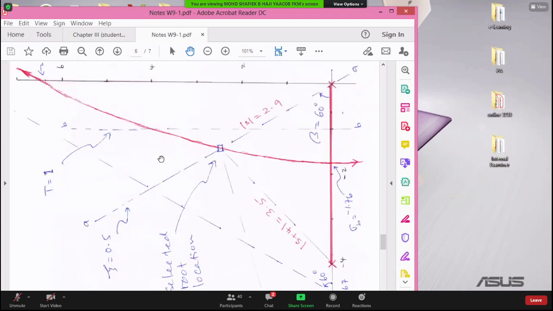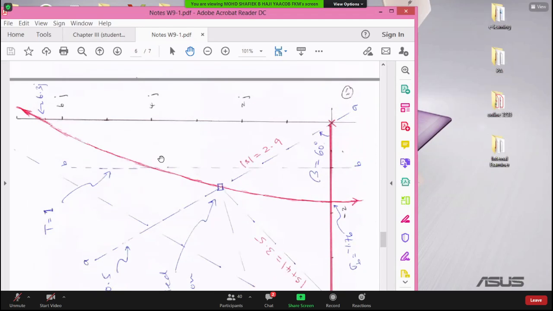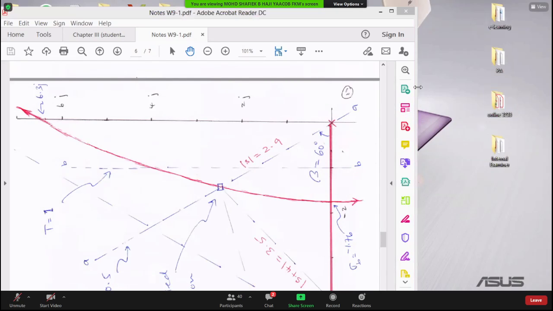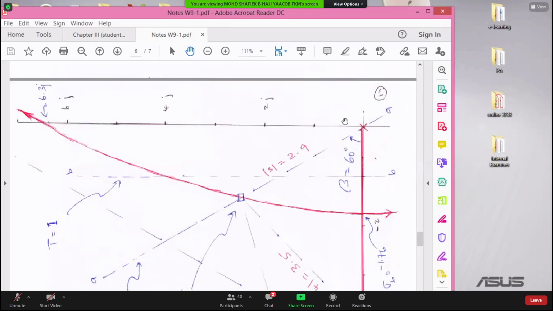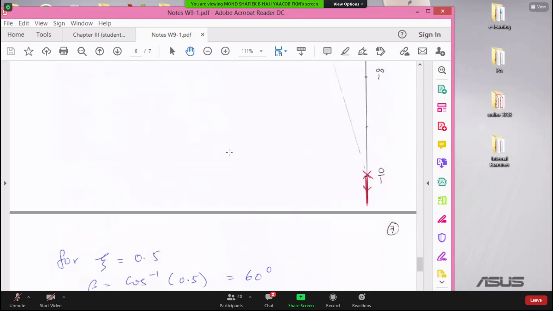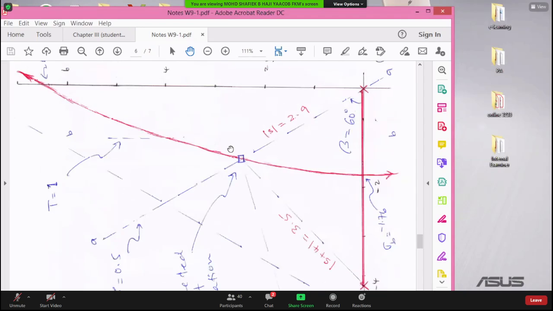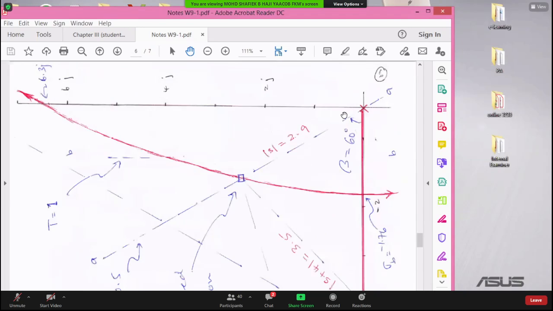How do I rotate this? Oh no. You can either tilt, rotate.